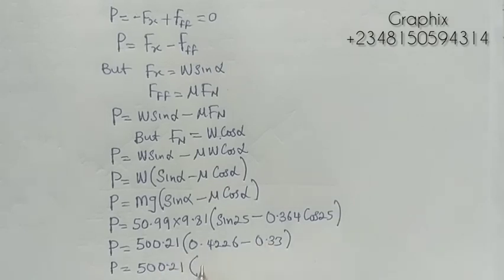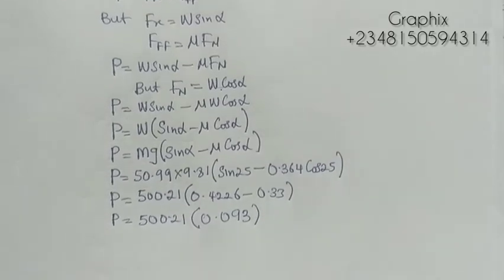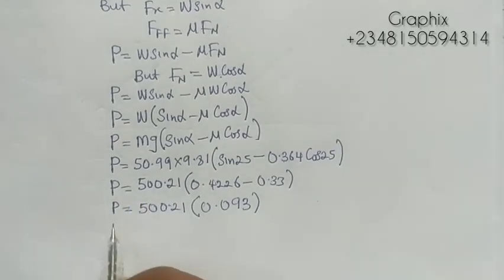If you subtract these two, we'll have 0.093. So the force P will be, multiplying these two, 46.35 Newton. That's the minimum force required for which equilibrium can exist.